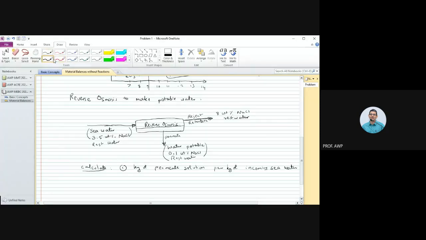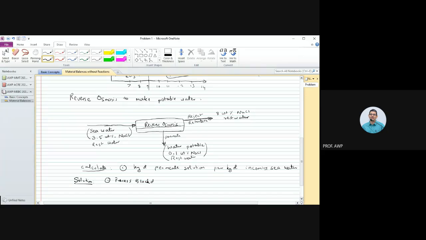Okay, let's try to see the solution. Maybe some of you are stuck, maybe some of you have got a different answer, doesn't matter. What we are going to do in the solution, first thing that we are going to do is our process block diagram.